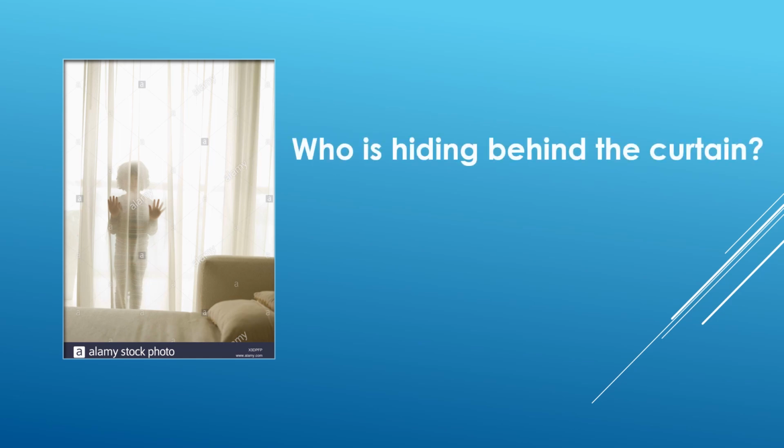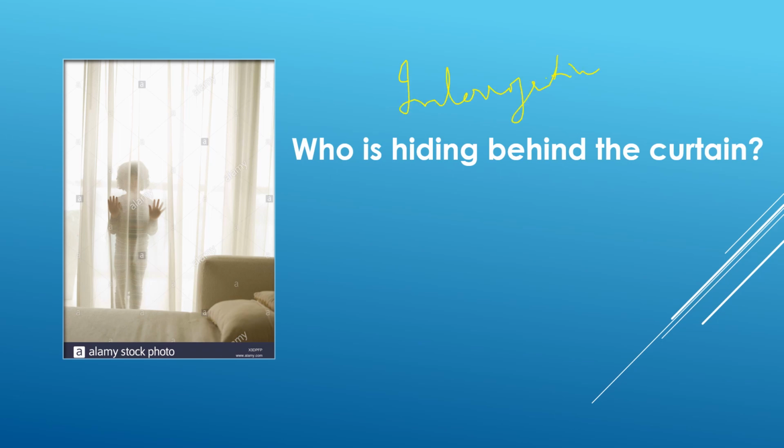Now let us understand with a few pictures. You can see the picture over here. What is the picture about? You can see a girl who is hiding behind the curtain. If I want to make a question, it may be: Who is hiding behind the curtain? It is an interrogative sentence.